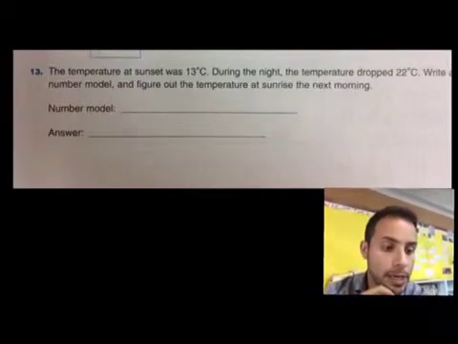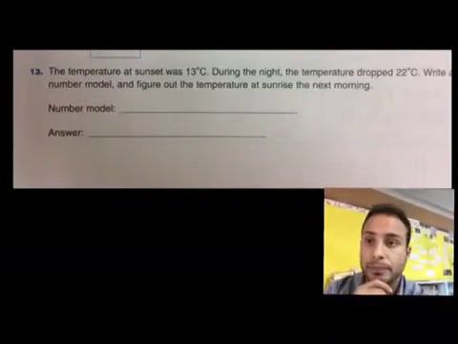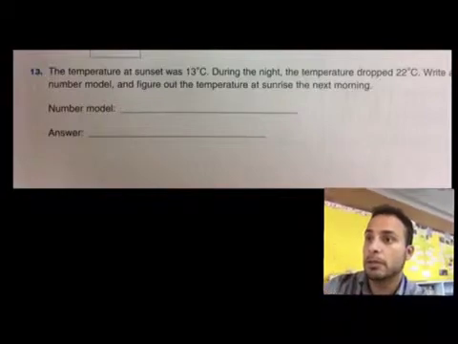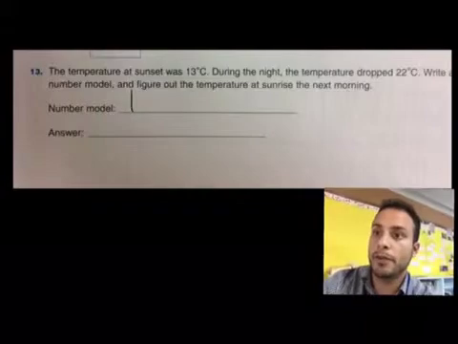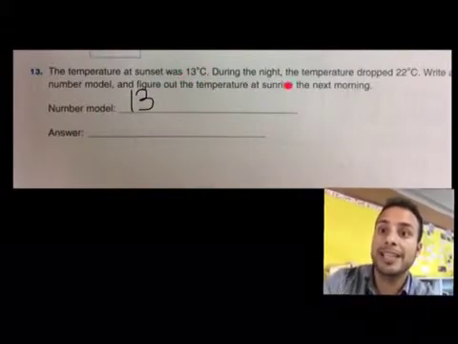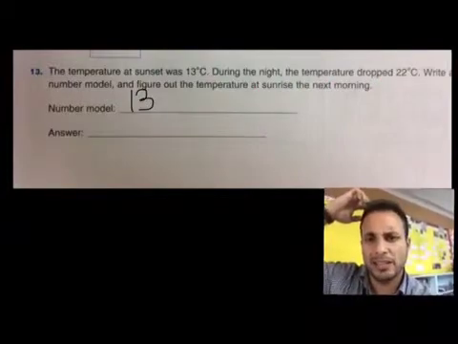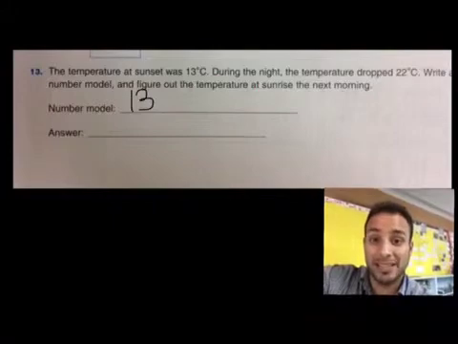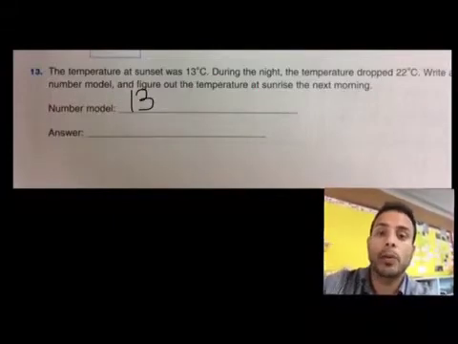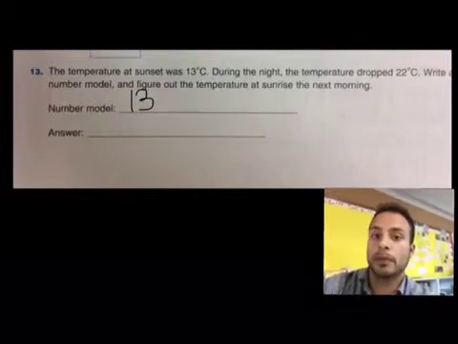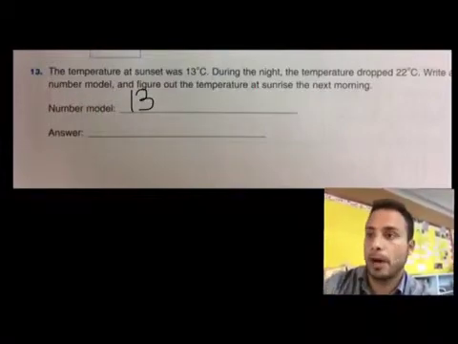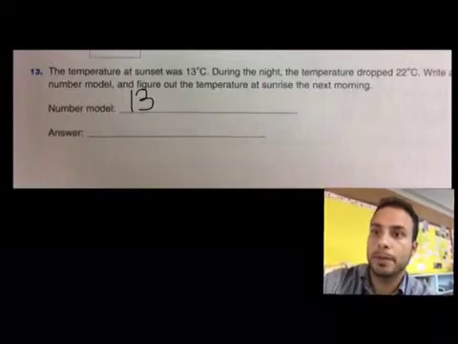Okay? So we have 13. Let's write the number model together. The number model is, we start off with 13. As you see right here, 13 Celsius. During the night, the temperature dropped. Okay, so you could say that it just went to minus 22. But because we want to work with the sequential number model, we're going to just put plus.